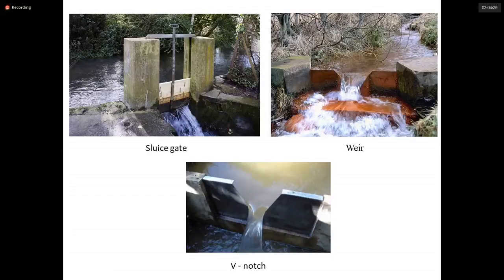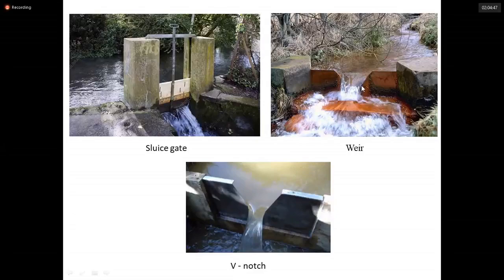They can put in the height of the water flowing through this channel, and with the help of that equation, they can get the stream flow. So these are the structures. This is the indirect method.